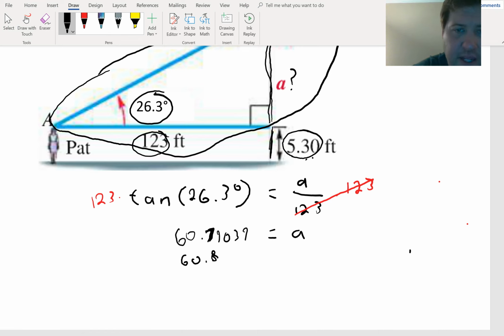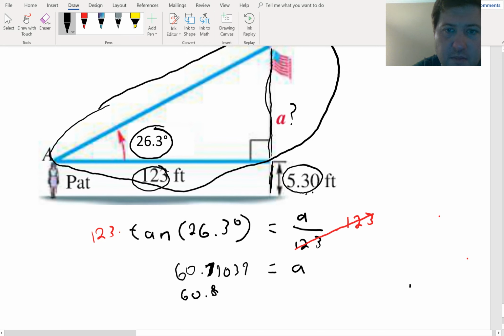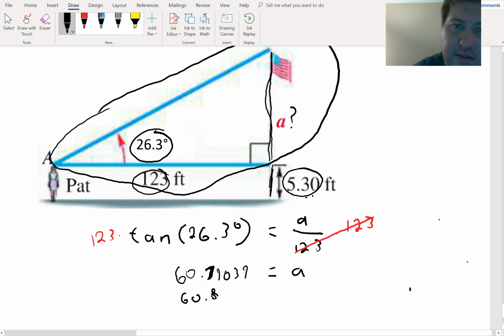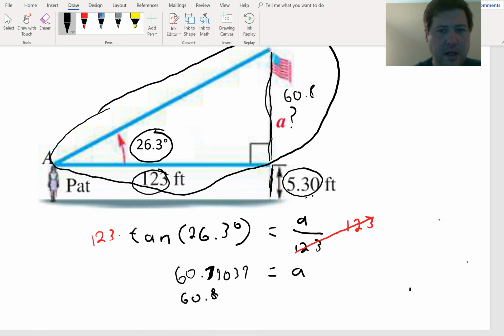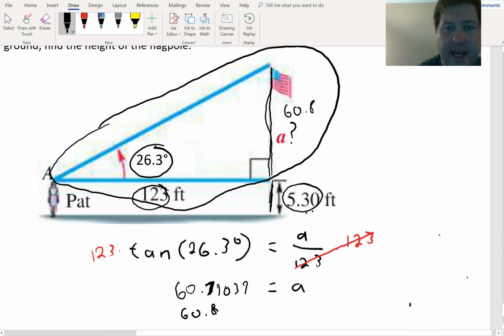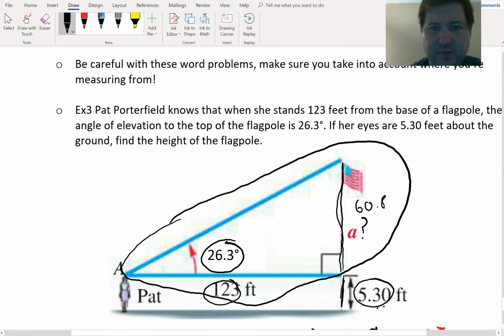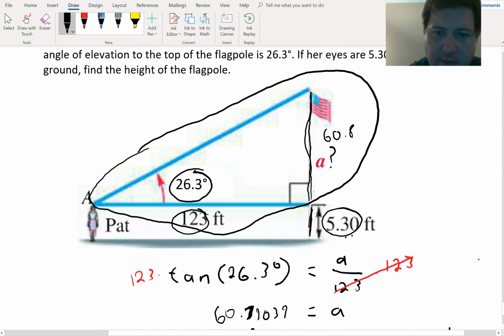What are we working with? Feet? Yeah, feet. So A is 60.8. But don't forget, we have to add that. We've only found this length. We need to add it to our 5.3.